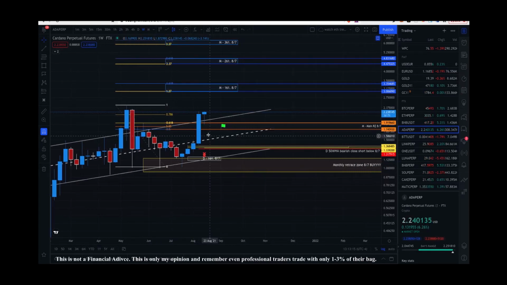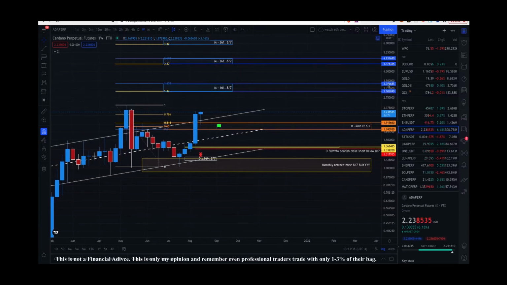Okay, so we broke out of the channel, or the 618 level. We retraced back to retest the 618 level again, and it seems like we're going back up again, right? To possibly test the 1618 extension level, between $3 and $3.35.